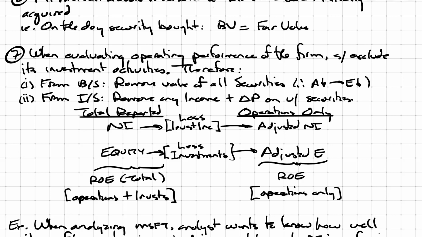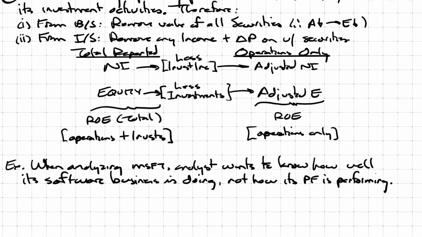And of course, what that'll do is it'll reduce the assets and reduce the equity, because we're effectively removing whatever portfolio that company's holding. And similarly on the income statement, we would remove any income or capital gains that's recognized on the underlying securities. So what's really happening here?